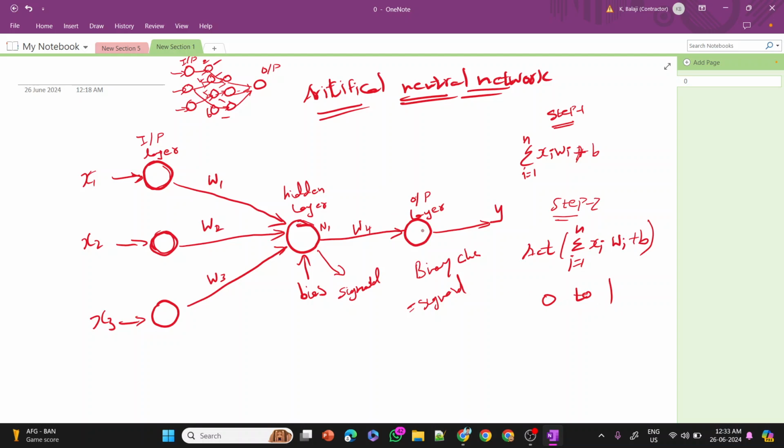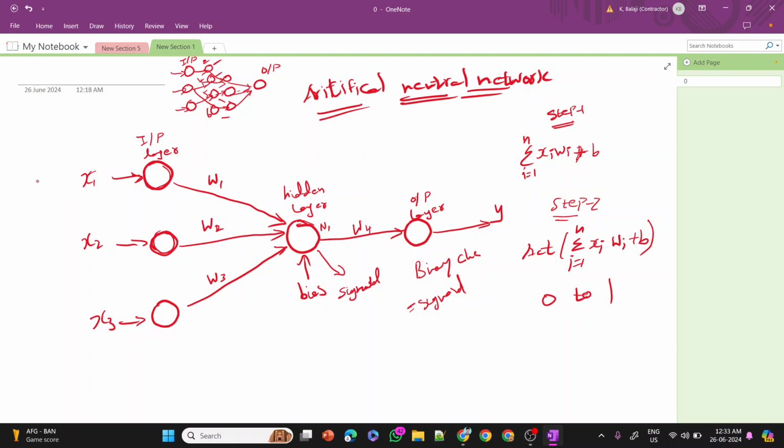For example, let's consider we are training the artificial neural network to decide whether rain will come or not, depending upon the input data.